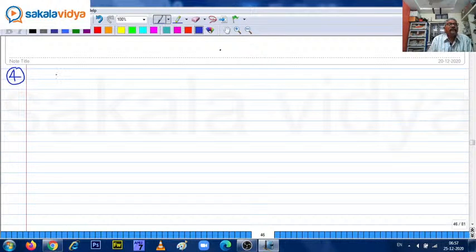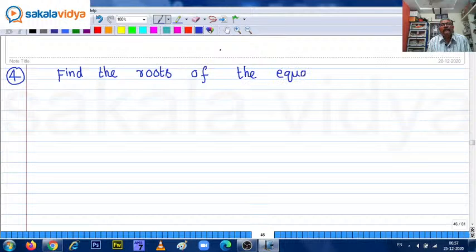Find the roots of the equation x plus 1 upon x minus 1 plus x minus 2 upon x plus 2 equal to 3.